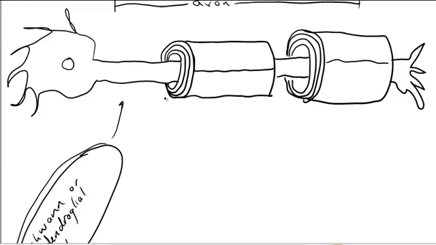And you get a series of these cells wrapping themselves around the entire length of the neuron's axon.